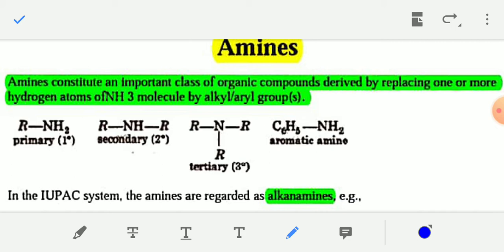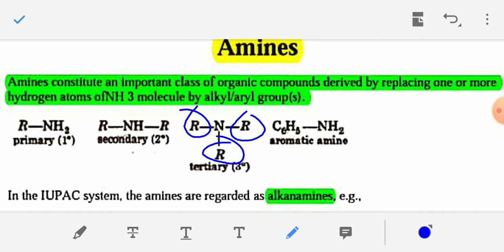And in case of tertiary amine, all the three hydrogen atoms from ammonia are replaced by three alkyl groups. So if you replace three hydrogen atoms from ammonia by three alkyl groups, it becomes 3 degree amine.